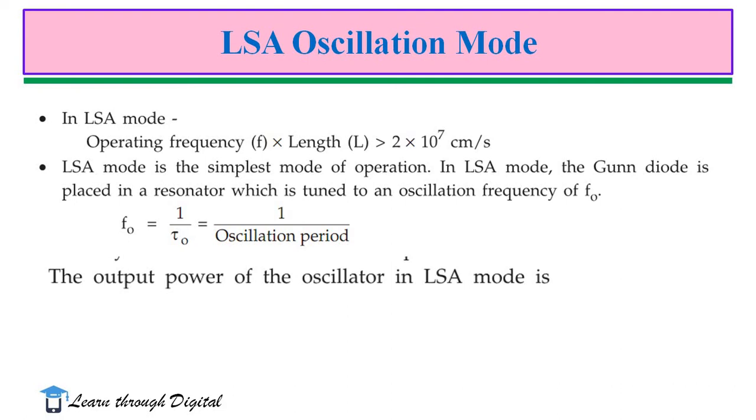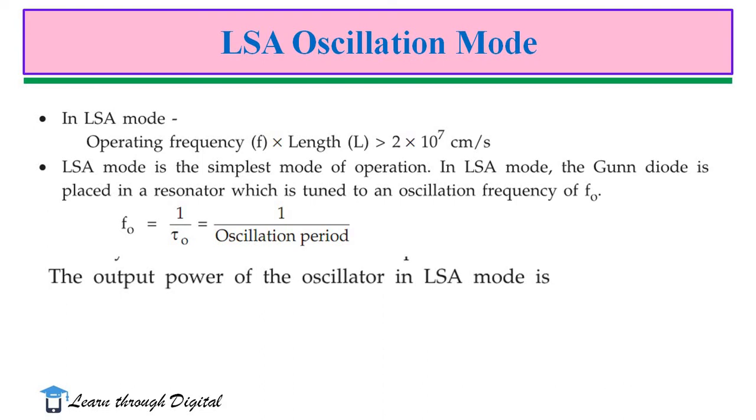In this mode, the domain is not allowed to form at all. The frequency and RF voltage are so chosen that the domains do not have sufficient time to form while the field is above the threshold. As a result, most of the domains are maintained in the negative conductance state during a large part of the voltage cycle.